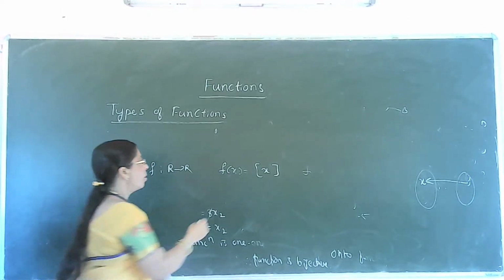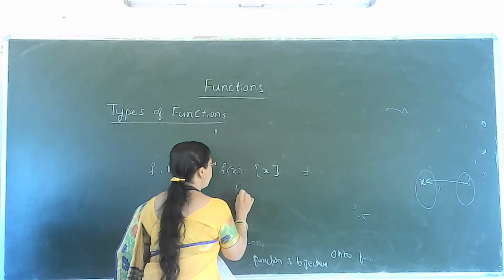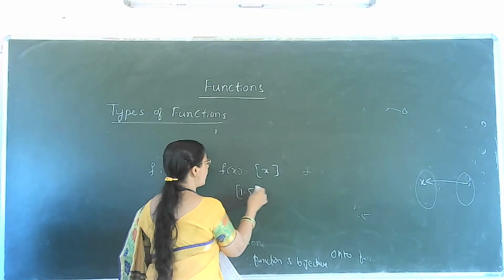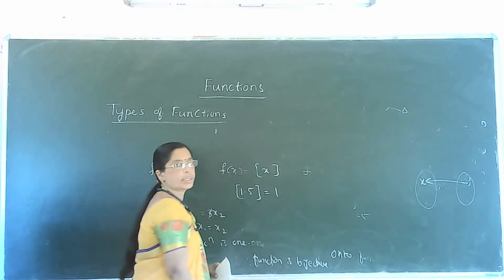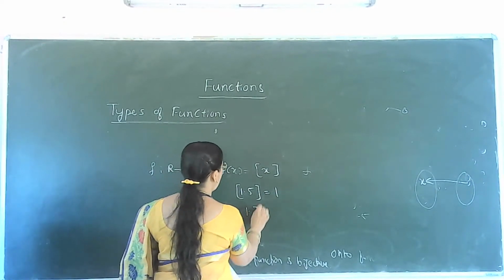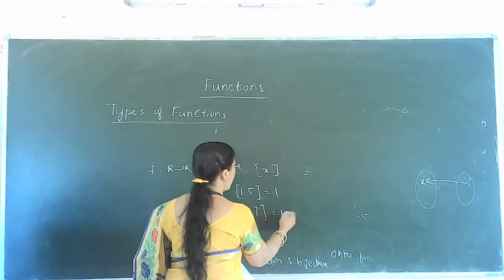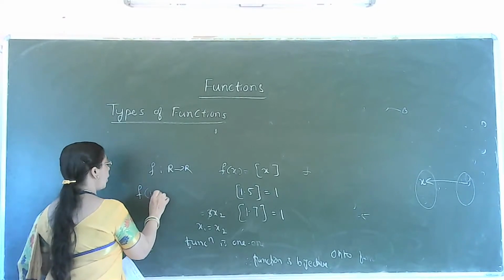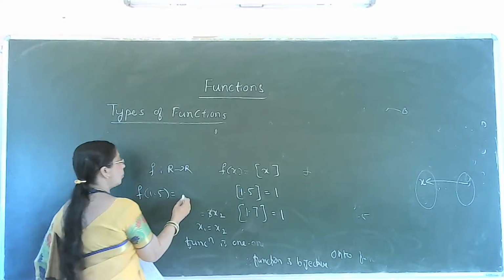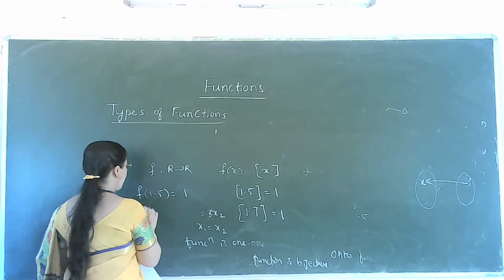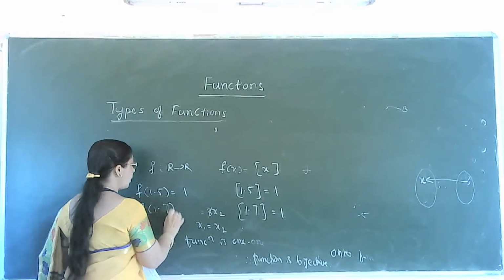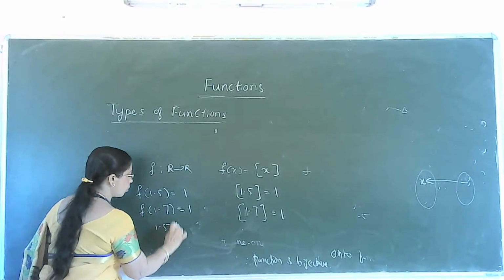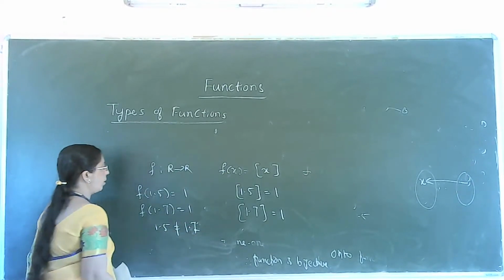Greatest integer means, for 1.5, the greatest integer of 1.5 is equal to 1 itself. 1.7 also gives 1. Here f of 1.5 is equal to 1. f of 1.7 also equals 1. But 1.5 is not equal to 1.7.